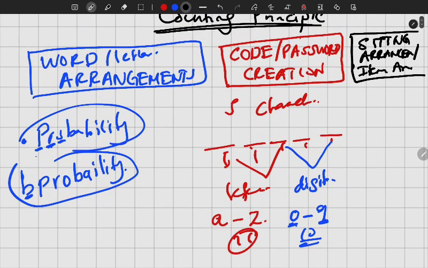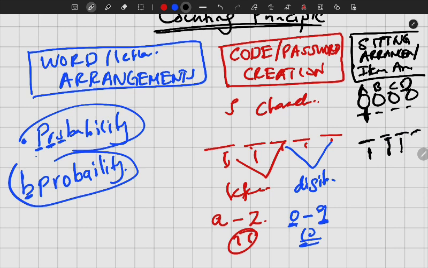The other one is arranging. Maybe we've got 4 people who have to sit in a taxi: person A, person B, person C, person D. They ask how many sitting arrangements can be made from these people. You need to think about how many people can sit in the first seat, then the second, third and fourth seats. For the first seat we have 4 options, because all 4 people are standing.